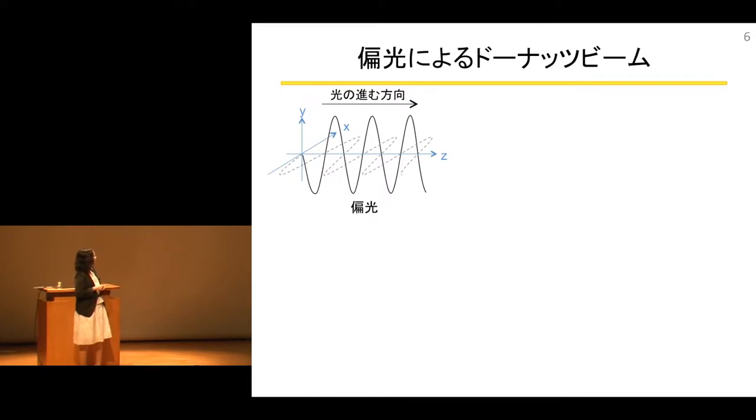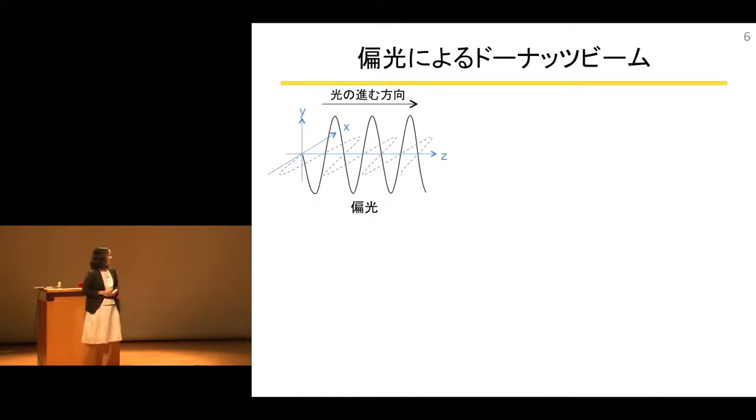Polarized light indicates the direction of the vibration of the light wave. As light has the property of waves, the light goes in this direction. So those are the polarized light.